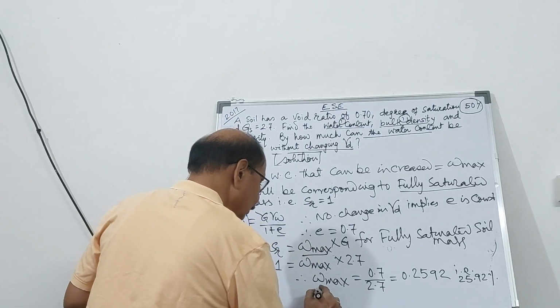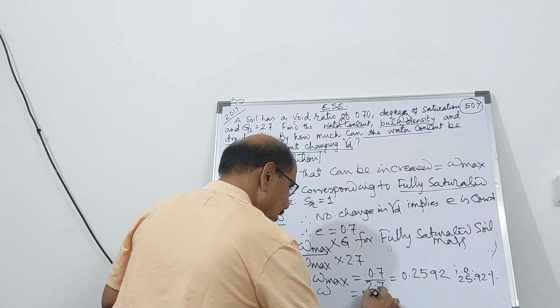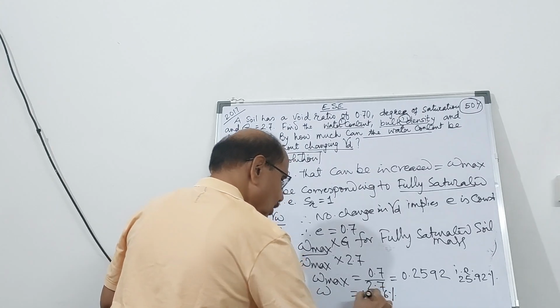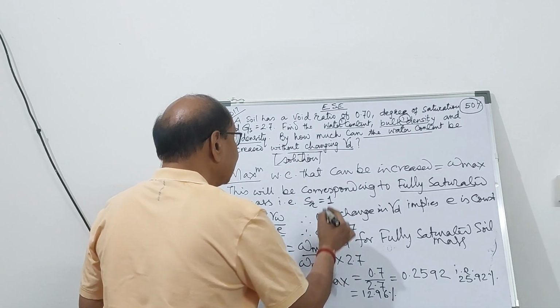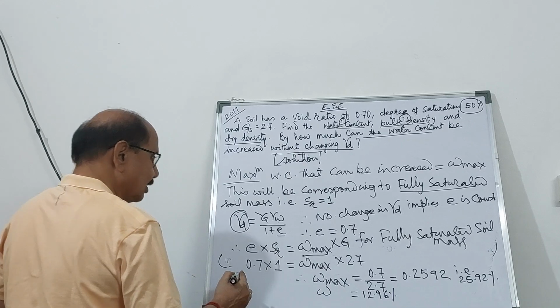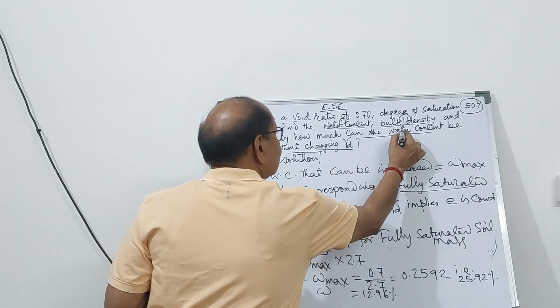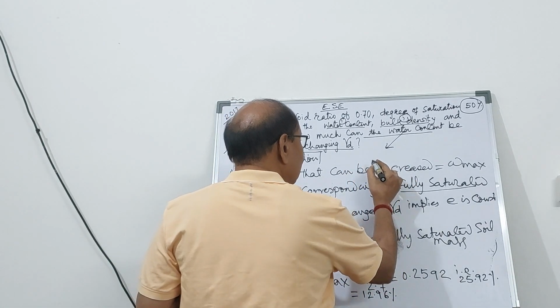So originally W was 12.96%. The difference of these two will give you the amount by which we have to increase the water content.